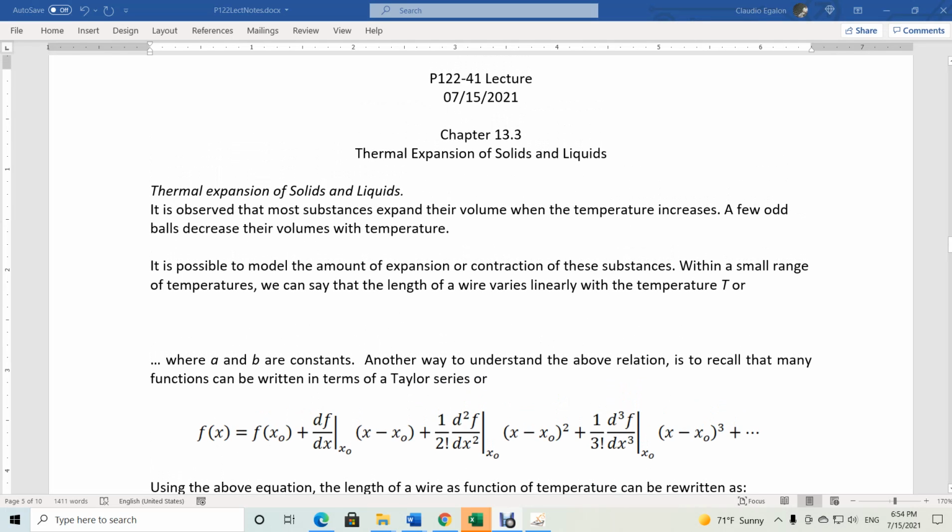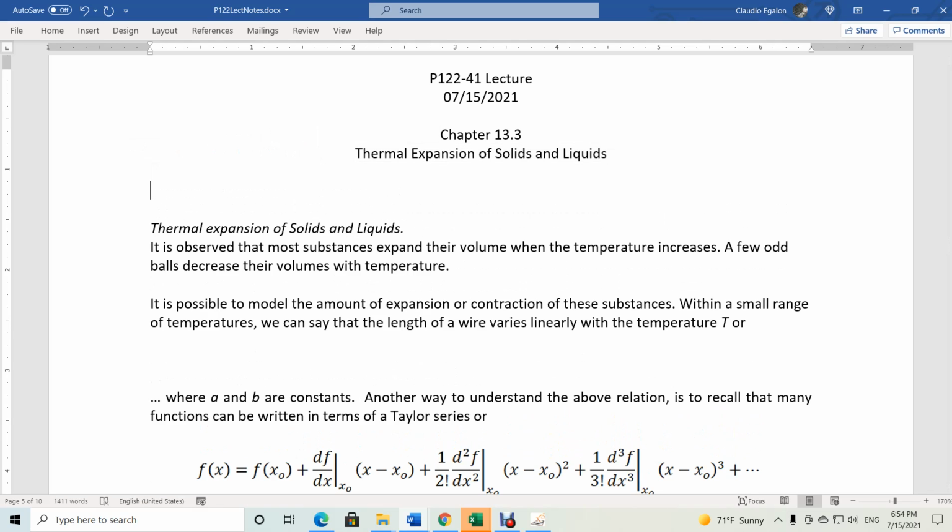Today is the 15th of July and we're going to cover section 3 of chapter 13, which is thermal expansion of solids and liquids. So let's just summarize what we did so far. We started with the concept of temperature, the idea of temperature.